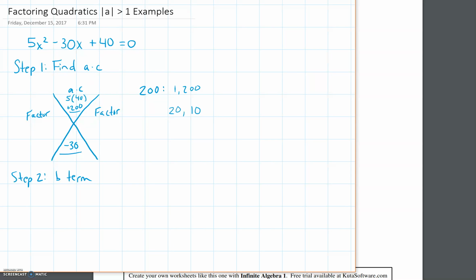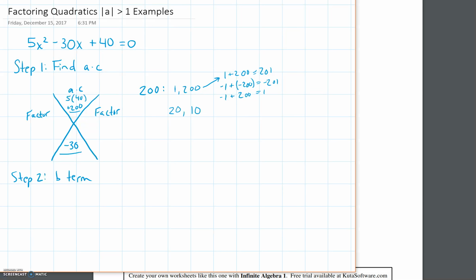So let's say, all right, 1 and 200 is a factor pair of 200. But if we add them and keep them both positive, we get 201. We don't want that. What if we try negative 1 and negative 200, just to see what the signs would be? Well, there we get negative 201. What about negative 1 plus a positive 200?